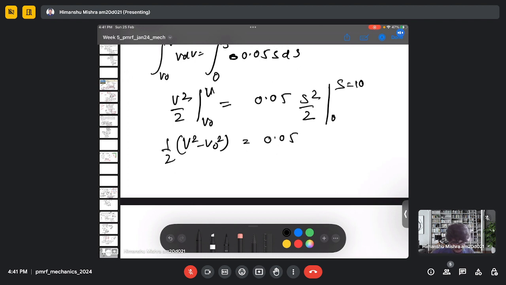And s is 10, so we can write this as 10 square.